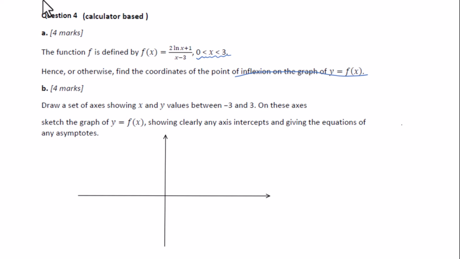Since this is calculator based, we will put f of x in y1, f prime of x in y2, and f double prime of x in y3. Then the x-intercept of y3 will be the point of inflection.